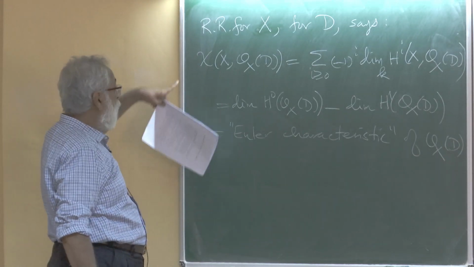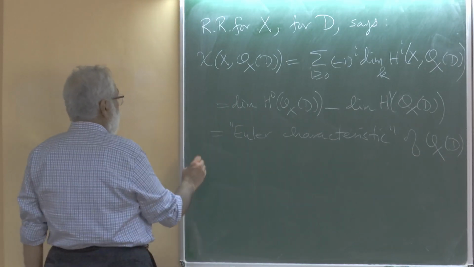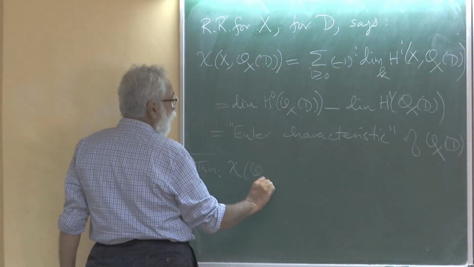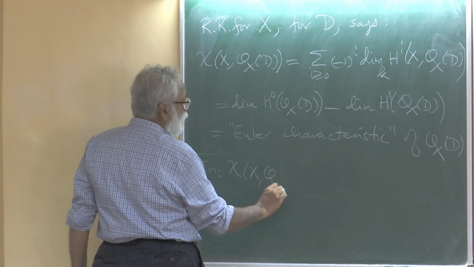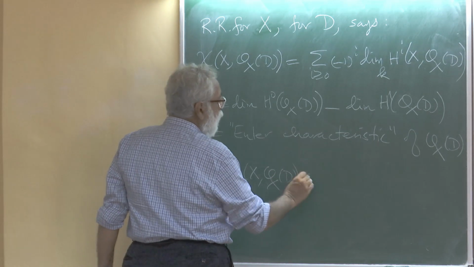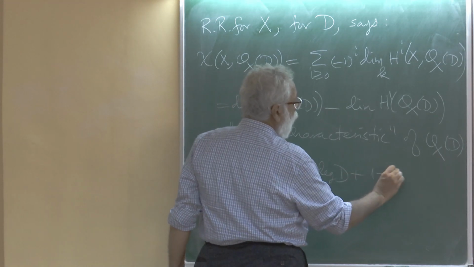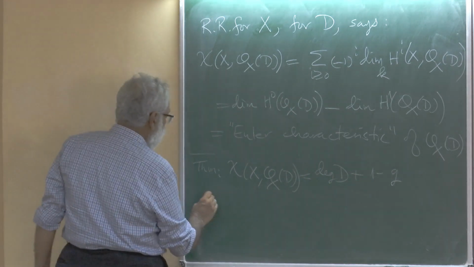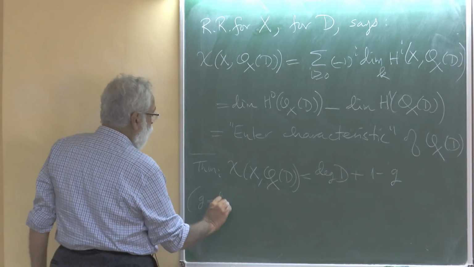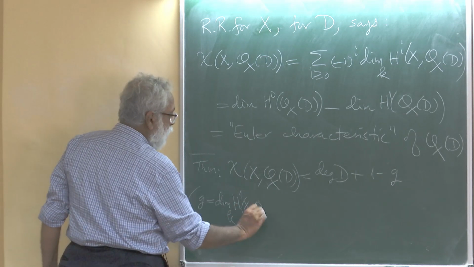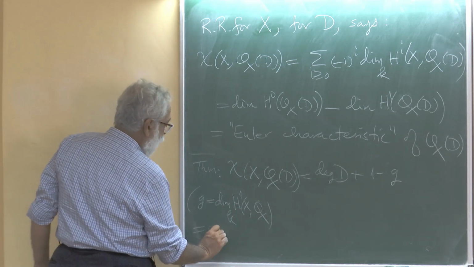So what does the Riemann-Roch theorem say? It tells me something about this. So then the theorem says chi(X, O_X(D)) is equal to the degree of D. Well, one way of saying it is 1 minus g, where g is the dimension of H^1(X, O_X), what's called the arithmetic genus.